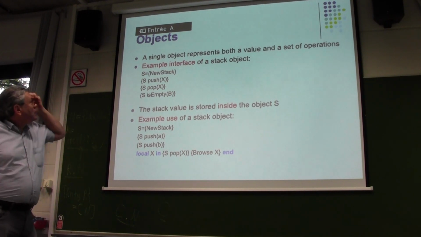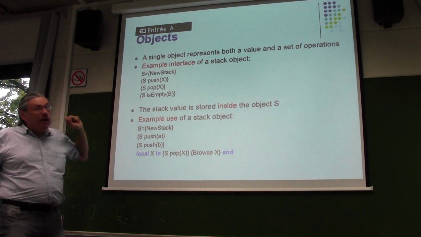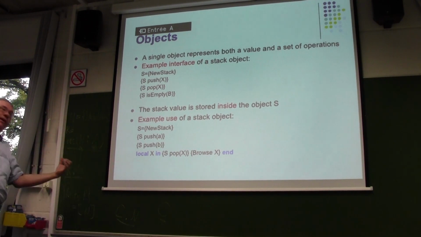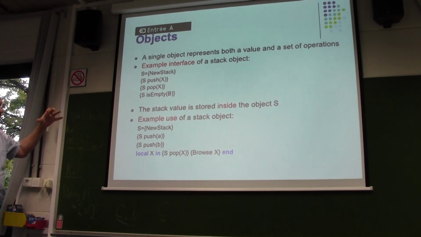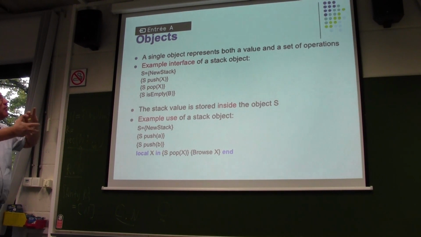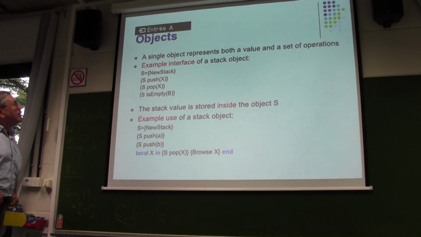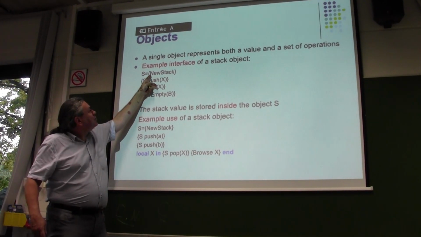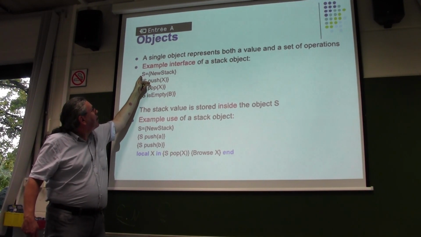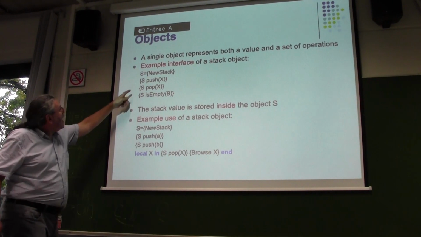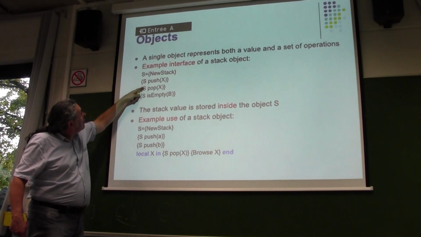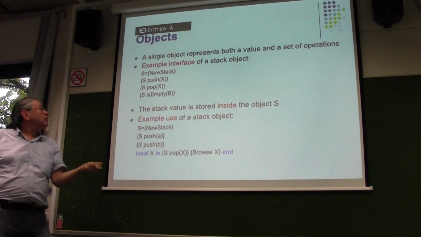In an object, it's not like an abstract data type where you have stacks and operations. The operations and the value are melded together. Here's our stack object. I create a stack object S, and then S itself knows how to do the operations.